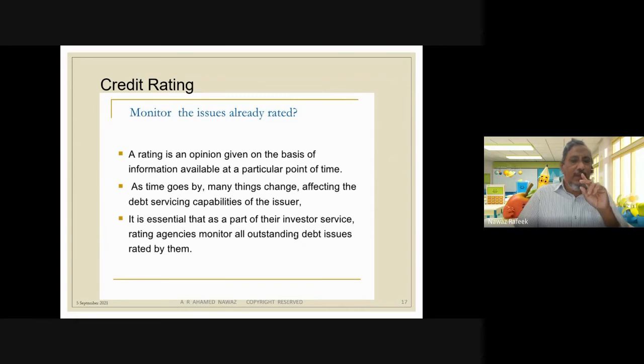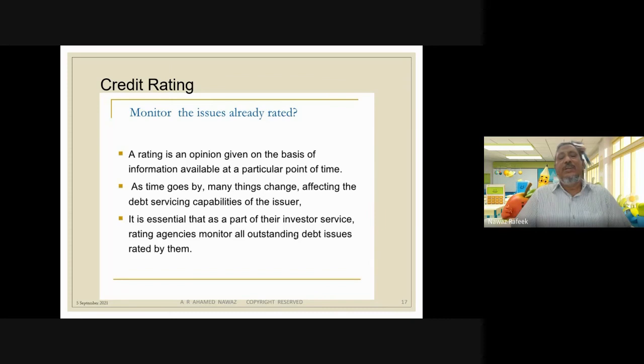As time goes by, many things change, affecting the debt servicing capabilities of the issuer. For example, 2 or 3 years back, some Sri Lankan banks were given double A and some triple A because they are highly safe. When the country situation is affected, becoming B, double B and C, the rating agencies put down the ratings of the banks also because the country is at risk.